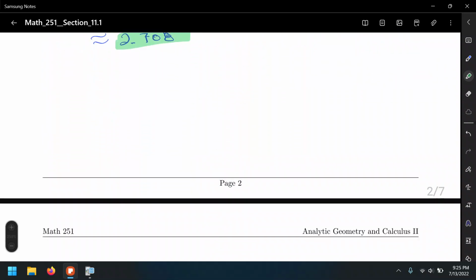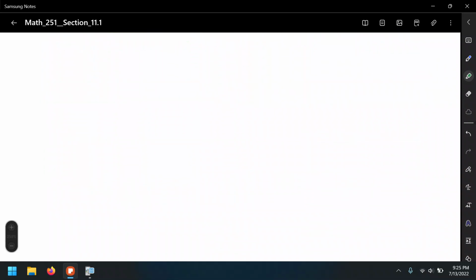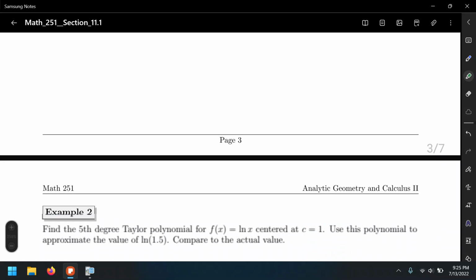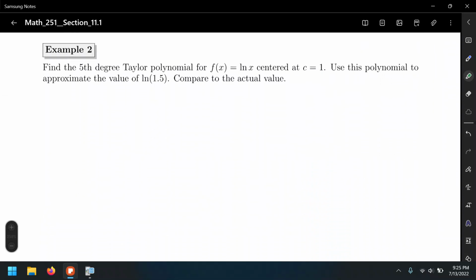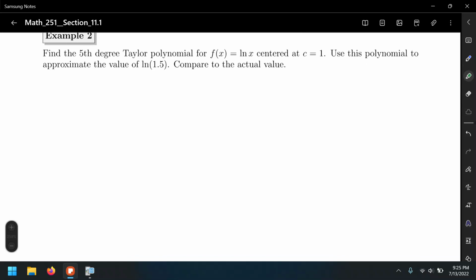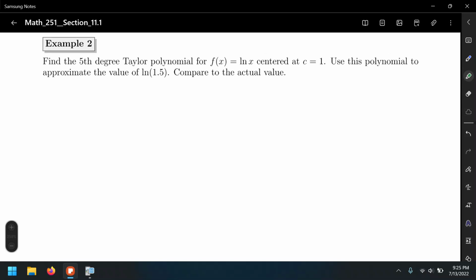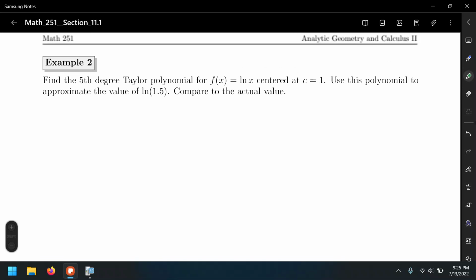So let's look at another example. So I had this blank page. Okay. So let's find the 5th-degree polynomial for f of x equals ln of x, centered at c equals 1.